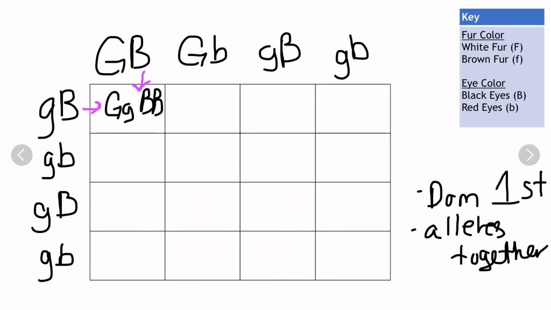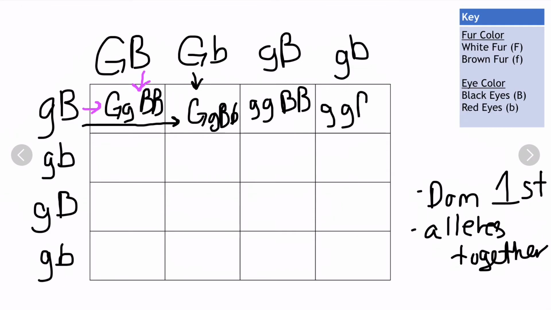Let's go to the next box. We'll take from the top, and then we'll take from the side, remember? Okay? So big G, big B, little b, right? This one would be little g, big B, big B. This one would be little g, big B, little b. And I'm just going to keep going. Big G, big B, little b. Big G, little b, little b.